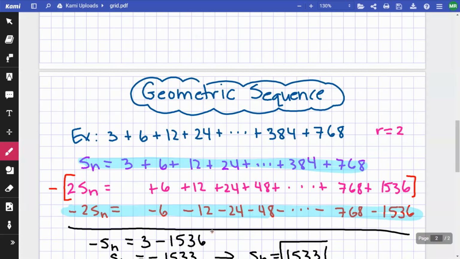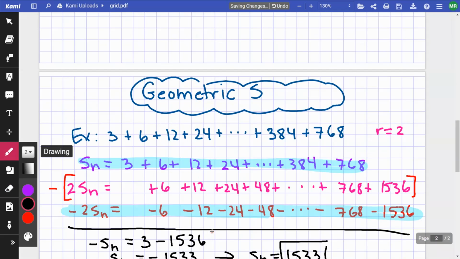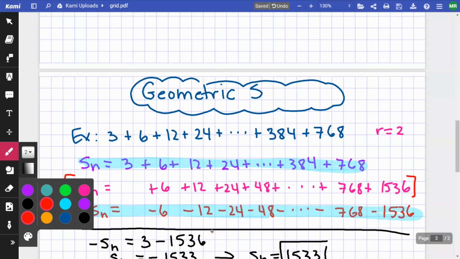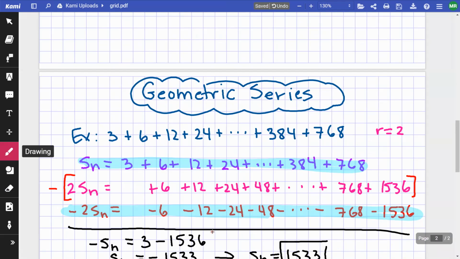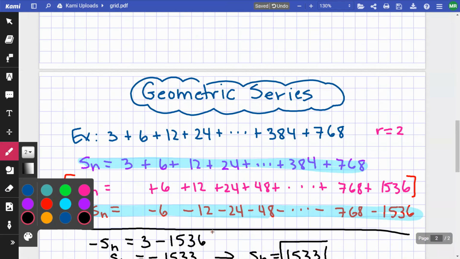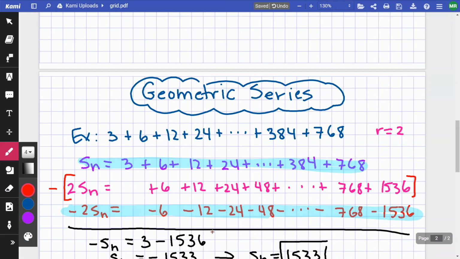So this right here, let me erase that. This right here should have been geometric series. That's when I'm summing them. And this one is called a finite one. I'll write the word finite. Finite just means it ends. I'm ending somewhere. I'm not adding up forever and ever.